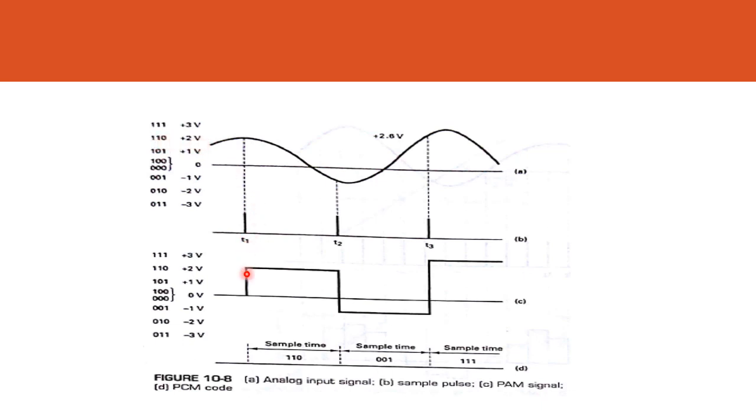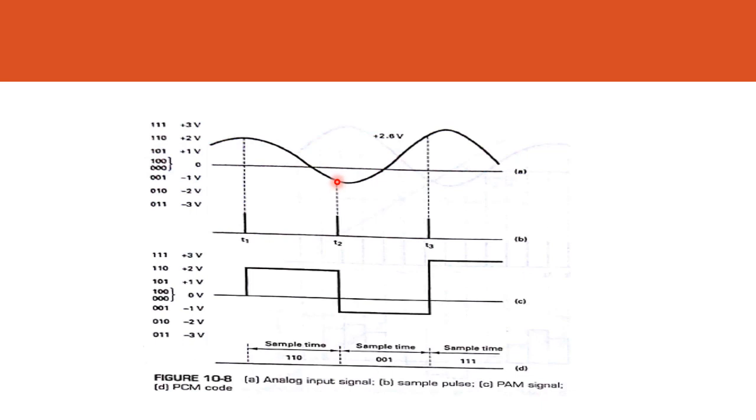So at that time, your output will be equal to +2, that is 110. So from T1 to T2 your output will be equal to 110. Again at T2, your analog input gets sampled.